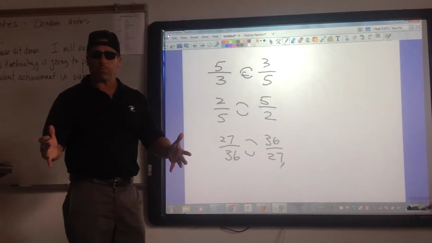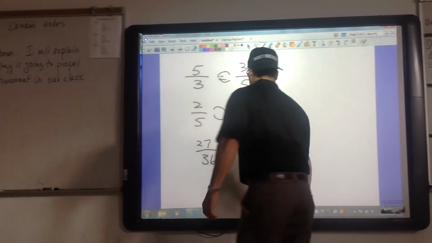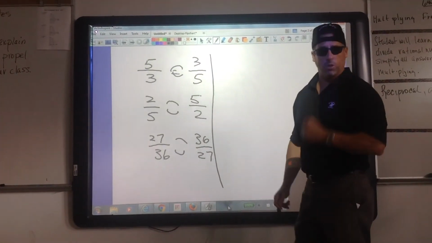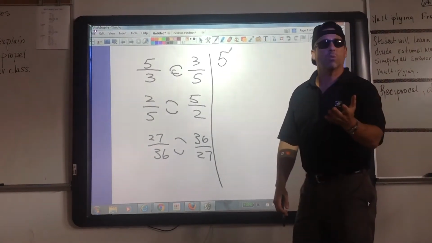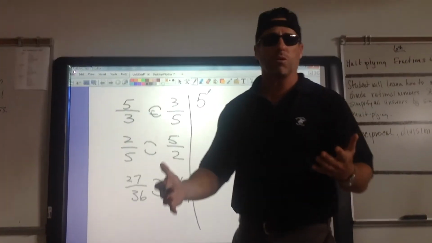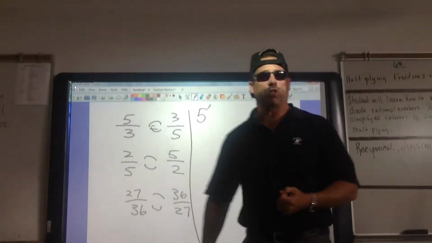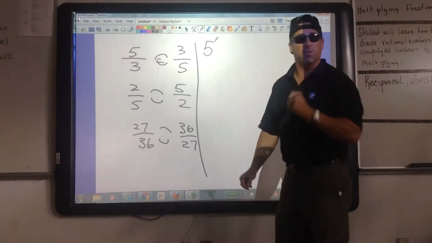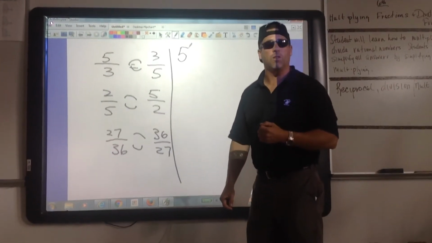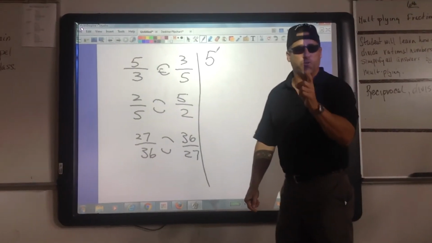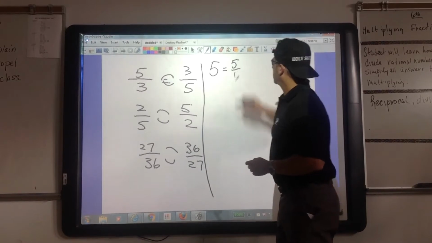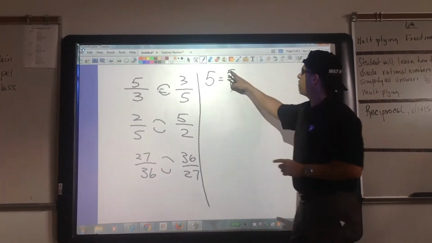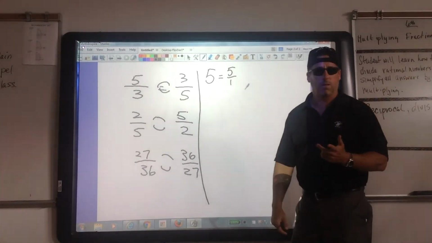It's that simple. Now in the case of a whole number, if someone asks you the reciprocal of 5, and they're pretty weird if they ask, but let's say the math book says, what's the reciprocal of 5? The first thing you do is turn it into an improper fraction, and we all know how to do that. 5 over 1.